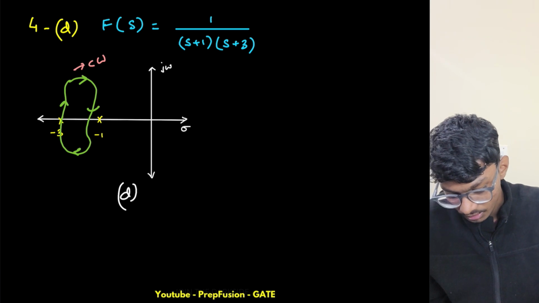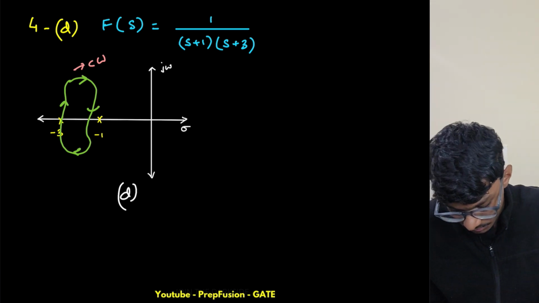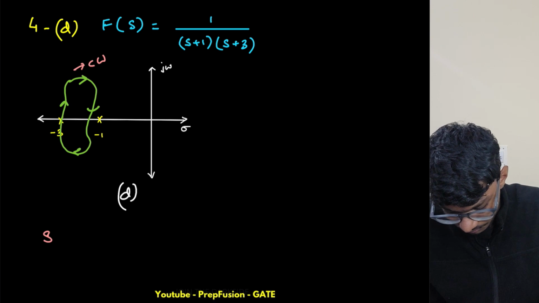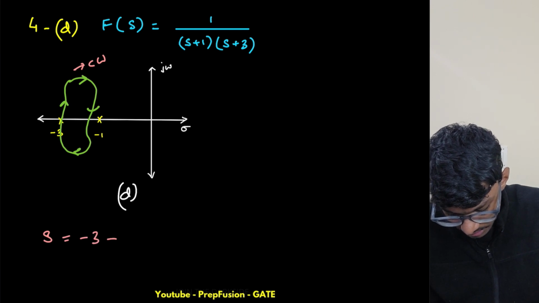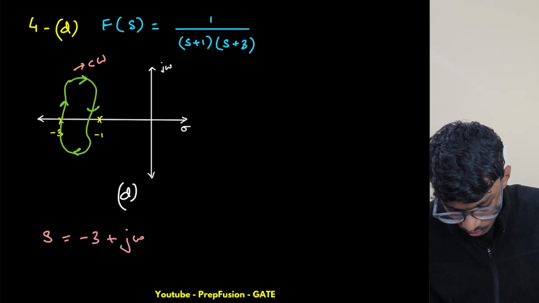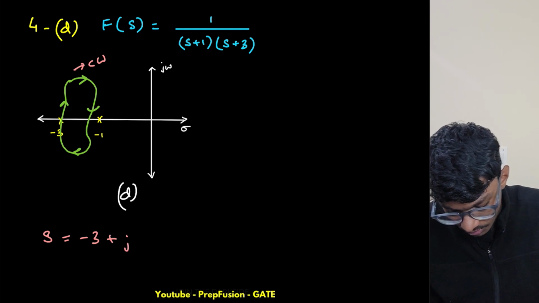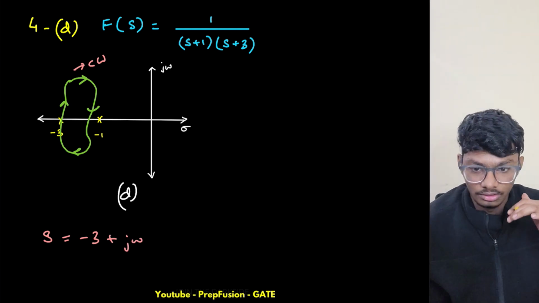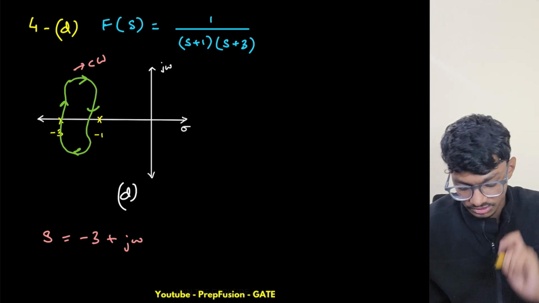So I will put s equals minus 3 plus j omega. Now omega is varying from negative to positive in this case.